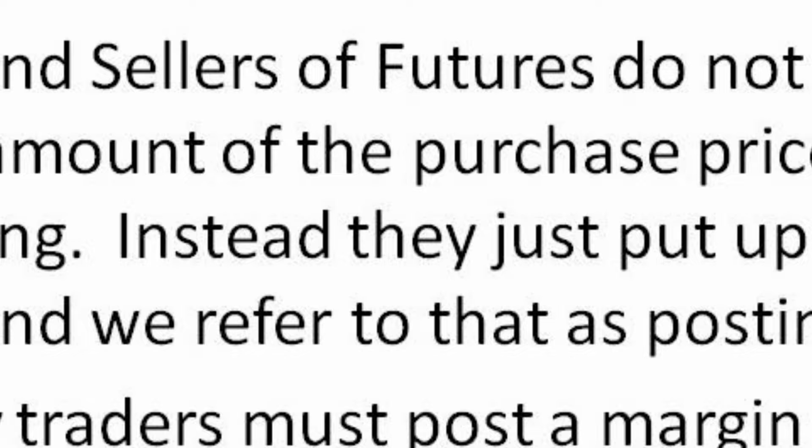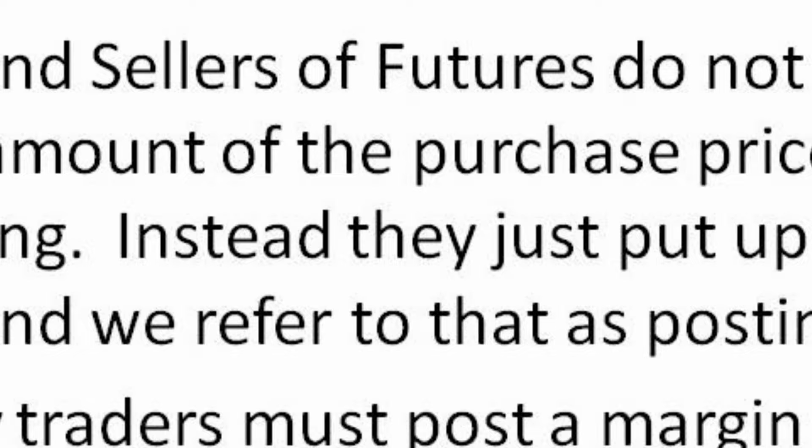So we'll say, for example, if we agreed on a futures contract on gold, and gold is trading at $1,000 per ounce, and we'll say, just for simplicity's sake, that we've agreed on a price that you will buy gold from me at $1,000 an ounce for 10 ounces. So that's $10,000 worth of gold.